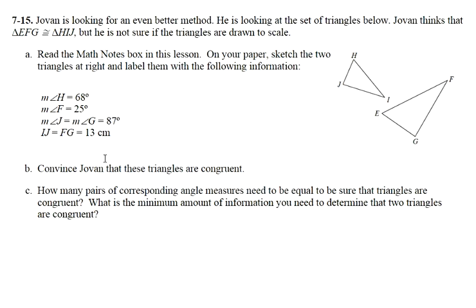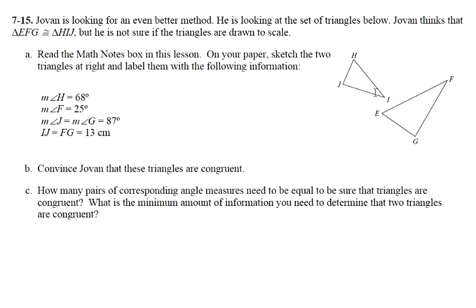Let's look at the question: convince Jovan that these triangles are congruent. Well, I think one of the things is that if I've got an 87 and a 25, it forces this to be a 68. If I've got an 87 and a 68, it forces this to be 25.